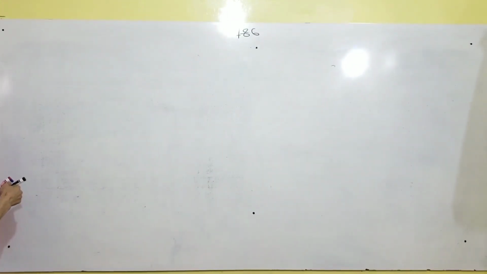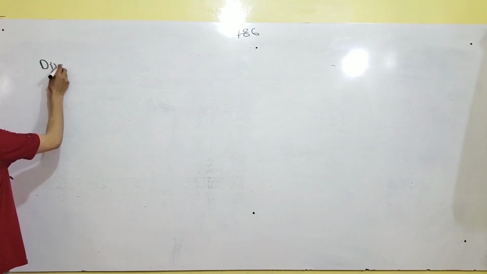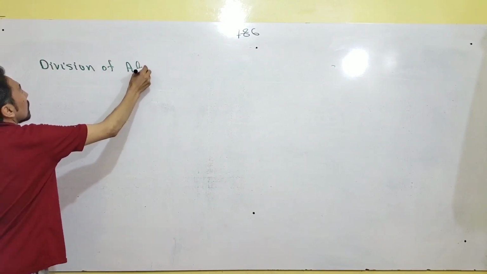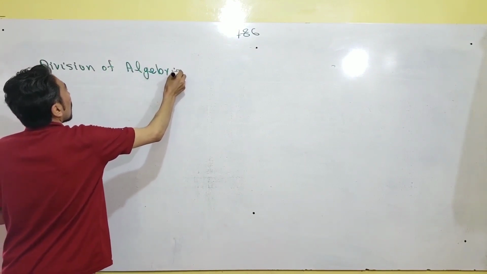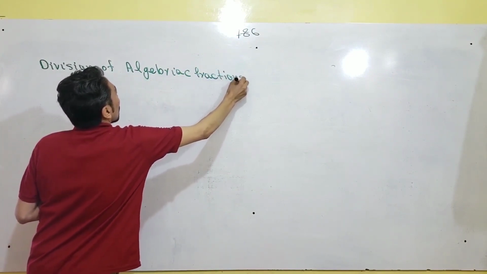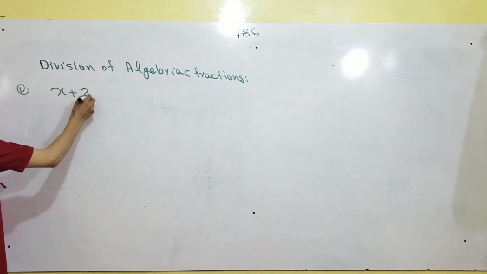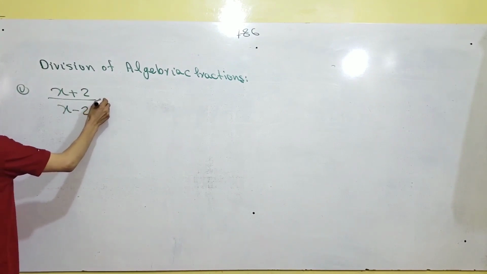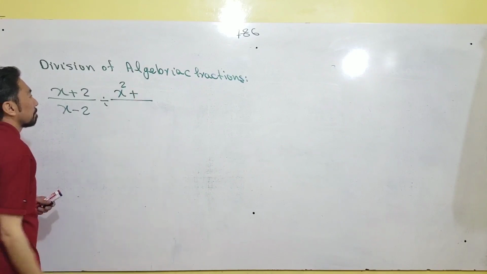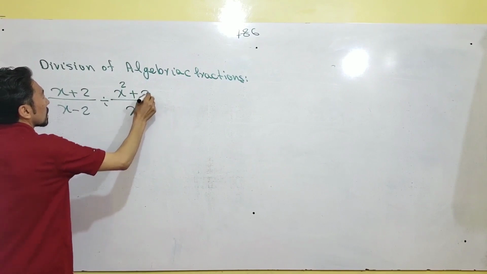Okay, dear students, now I take another example, and here is division of algebraic fractions. For example, I have x plus 2 over x minus 2 divided by x squared plus 2x over x.